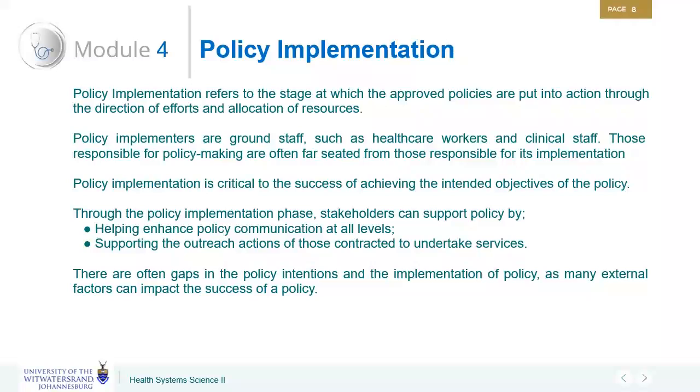They can help to enhance the policy communication at different levels, so we can make sure that the national government is communicating appropriately with provincial government, that is communicating appropriately with local government, who is then able to put that policy into effect on the ground. They can also help by supporting the outreach actions of those contracted to undertake those services.